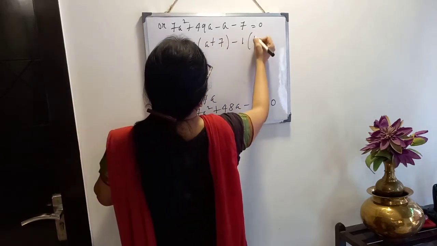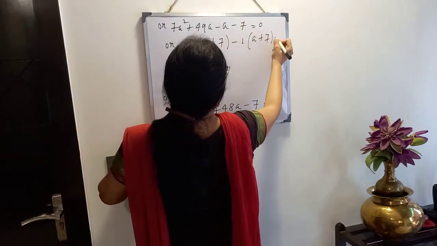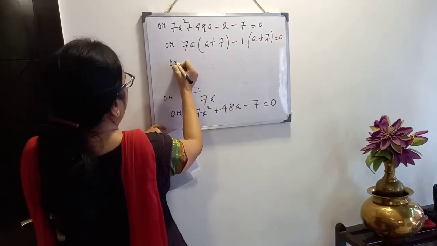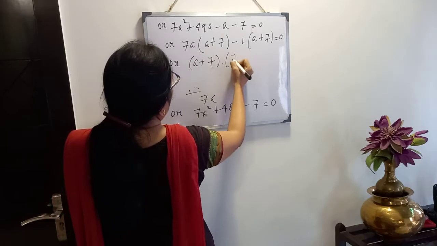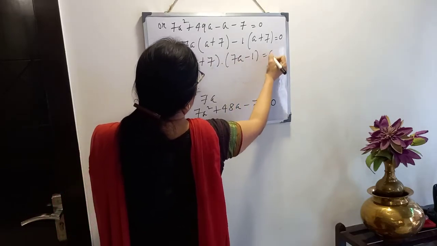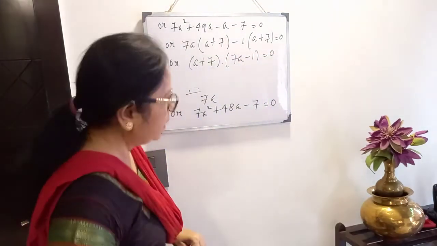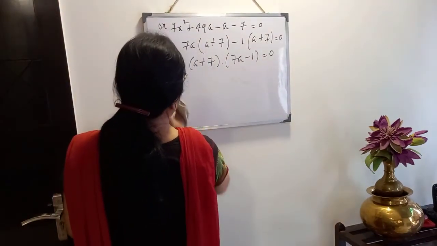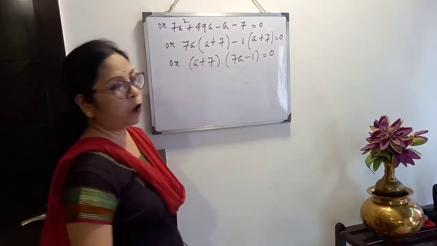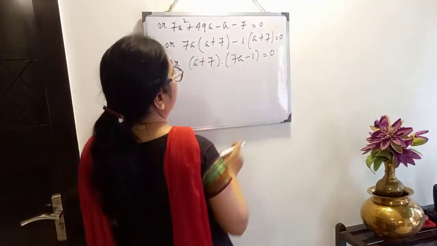Just taking common. After that I am jumping one step. Now all of you know what to write. Either a plus 7 equals to 0 or 7a minus 1 equal to 0.